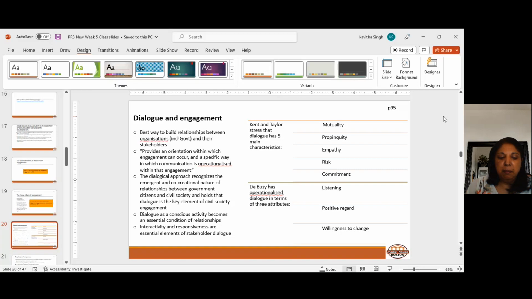So the Melbourne Mandate clearly states that listening and engagement is one of the main functions. You can read up a bit more on dialogue and engagement on pages 94, 95, and at the top of page 96.